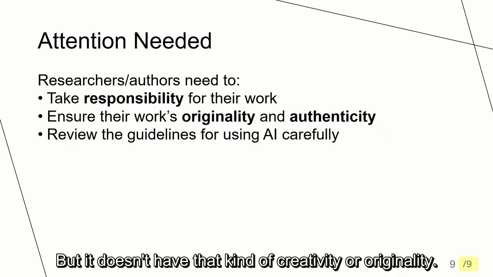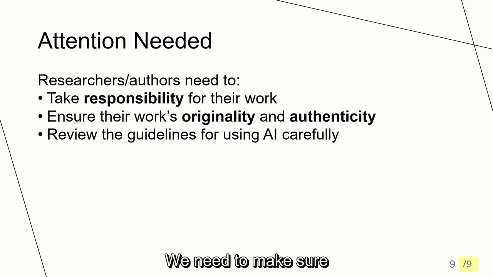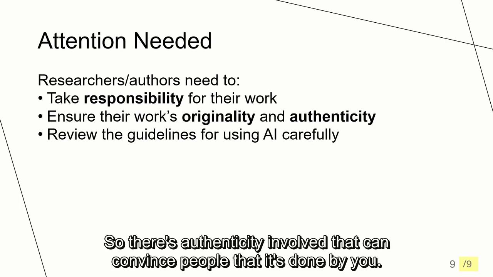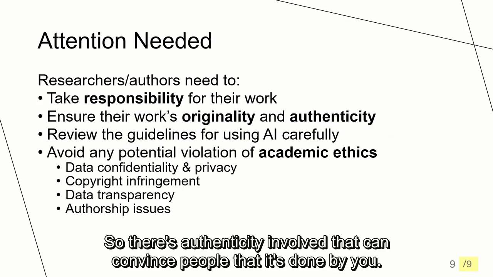But it doesn't have that kind of creativity or originality. We need to make sure it's our own research work, our own voice, our own findings, our own research topics specifically done by us. So there's authenticity involved that can convince people it's done by you.